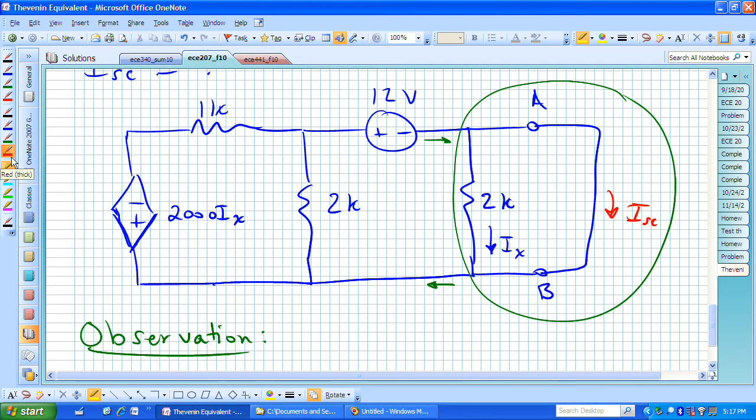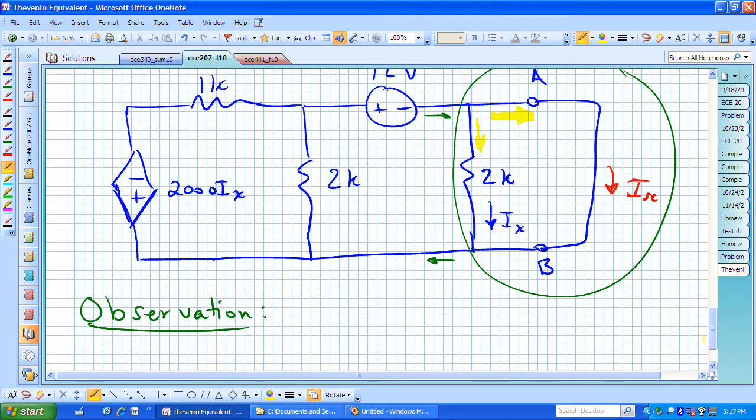But now, with respect to that current going in, how much of that current is going to want to go here, and how much is going to want to go to the right? Well, hopefully it's clear that since the current going to the right is to a zero resistance wire, and the current going down has some resistance associated with it, all of that current coming in up above is going to go as I short circuit, and consequently the current going down that vertical branch, which is defined as I sub X, is equal to 0.